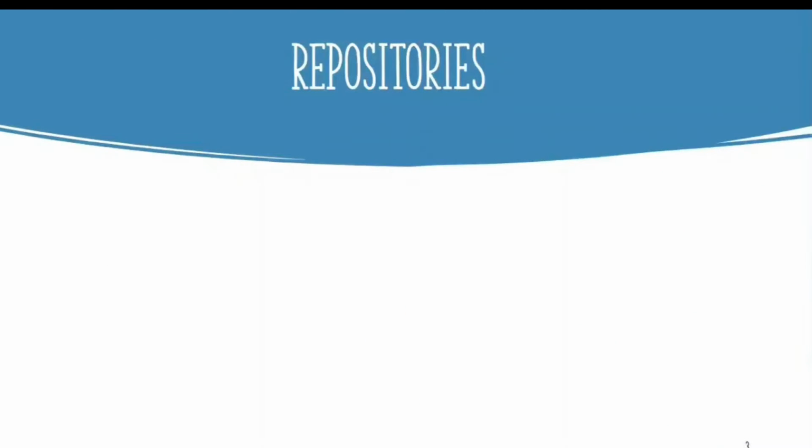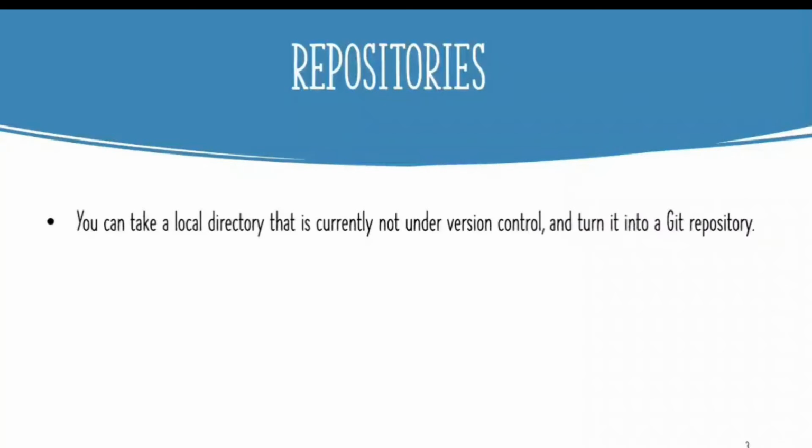A Git repository is nothing but the folder which is going to contain the project on which we are going to work. So there are two ways of creating a repository. You can either take a local directory that is currently not under version control and easily turn it into a Git repository, or you can clone an existing Git repository from somewhere else.